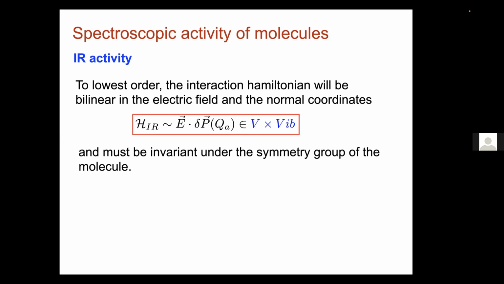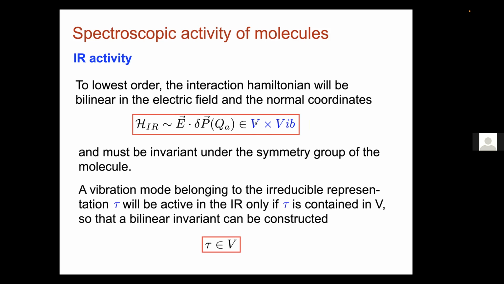Basically, I have to decompose this thing into irreps, and I have to decompose this thing into irreps. Now you remember that each normal coordinate, each normal mode was associated to one of the irreps appearing in this decomposition. That's what we saw last time. So basically, assume that you have a vibration, a normal mode. This normal mode belongs to one representation. If this representation is contained also in V, you can construct a bilinear invariant.